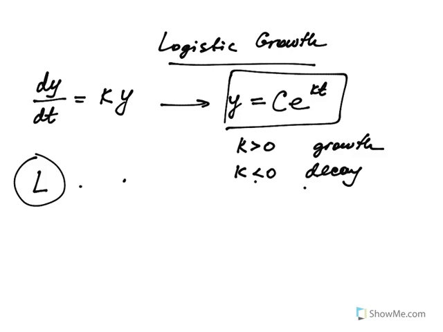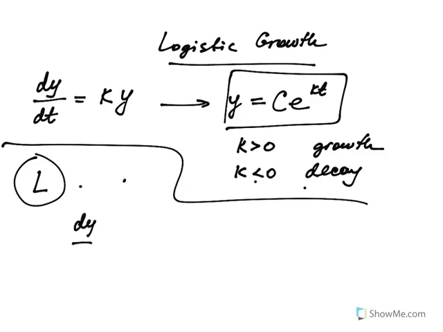This growth model is described by the logistic differential equation. It's a different model, and it looks like the following differential equation: dy/dt equals k y times (1 minus y over L), that value L that I just mentioned a second ago.